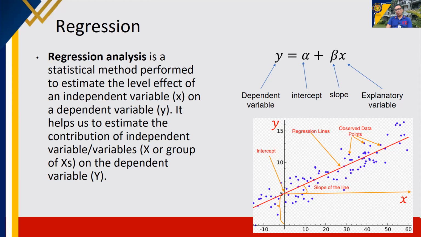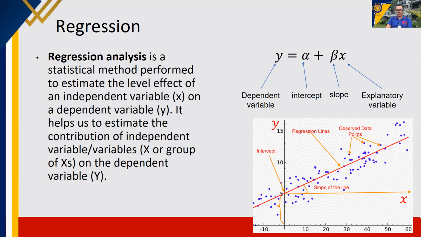In other words, it is used to understand or describe the relationships between a set of independent variables and dependent variables. As an outcome of regression analysis, we get a mathematical equation, often called a regression equation.